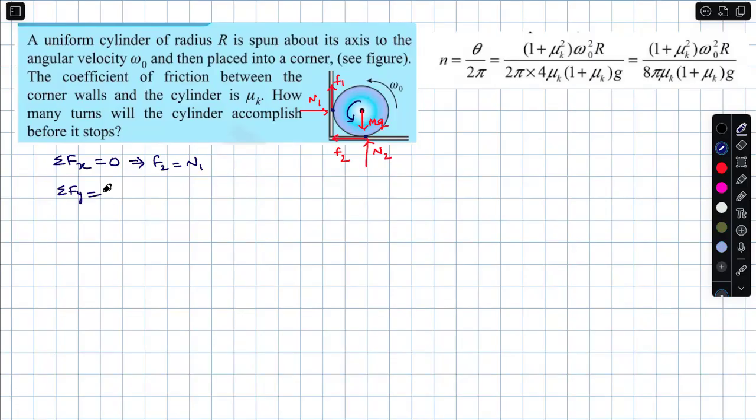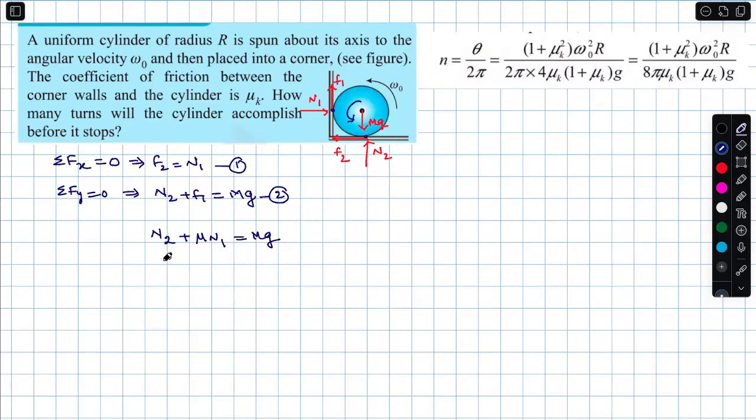Sigma Fy is 0, which implies N2 plus F1 is mg. Let this be equation 1 and let this be equation 2. And slipping is happening, so wherever friction is there, it is kinetic friction only. And from this I can write N2 plus F1, F1 is mu N1, is equal to mg.